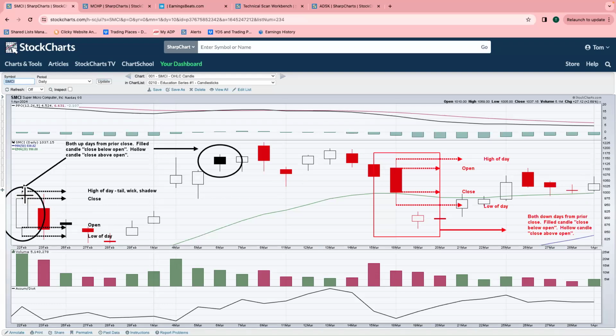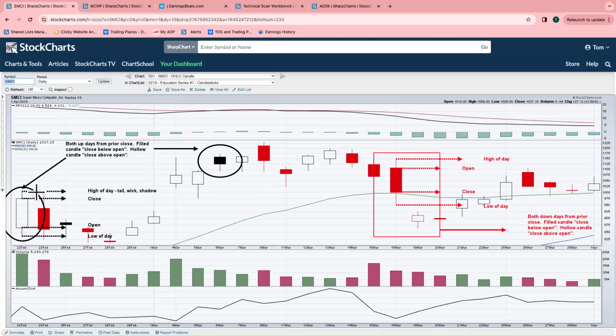Okay, so as you look at these rectangles, any hollow candle means you closed above the open. Here's the close, in a hollow candle, and the open is at the bottom.